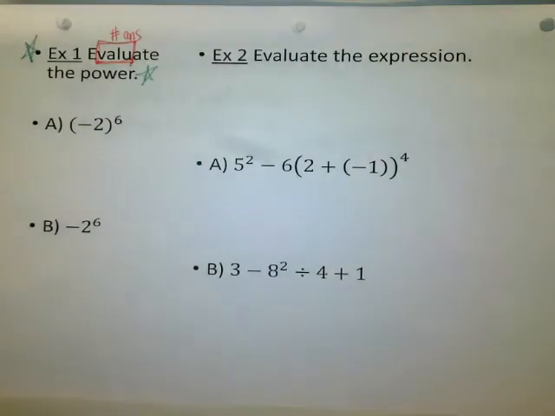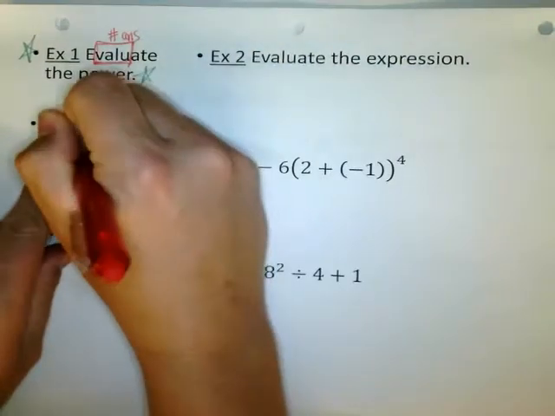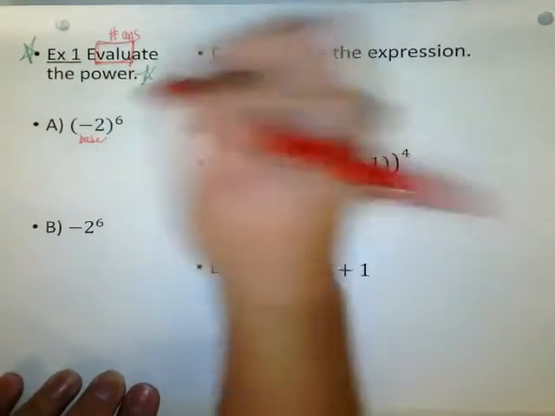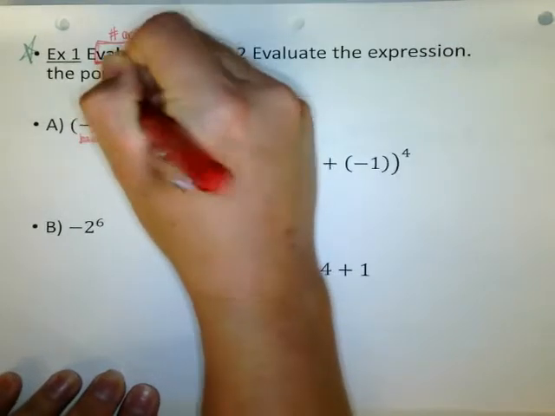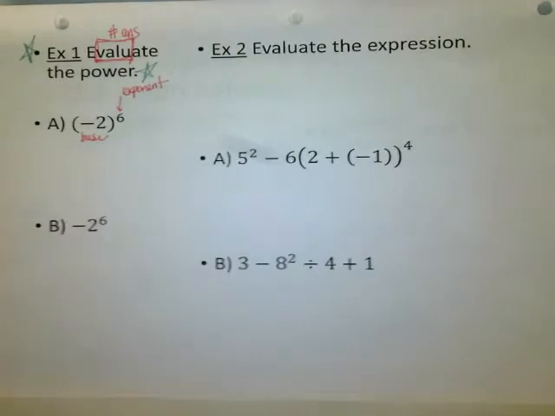Now, evaluate the power. When we talk about powers, we have some vocabulary. I like to make sure you know there is a base and there is an exponent. What is -2? The base. What is 6 called? The exponent. Okay, those are vocabulary words you need to know and understand. The one thing you want to understand about an exponent is that it affects the thing directly underneath it.